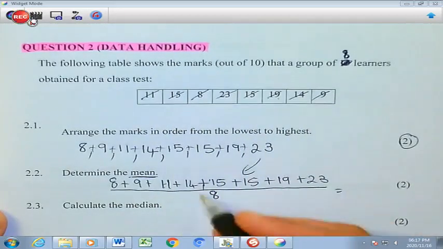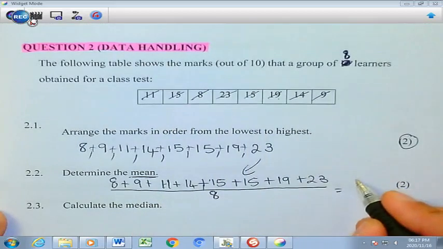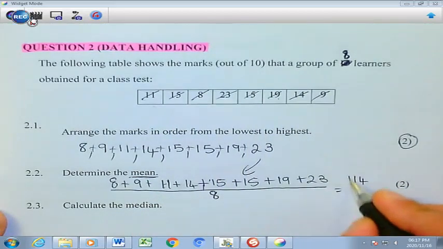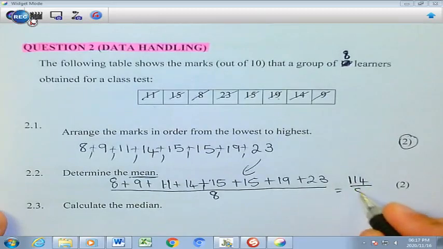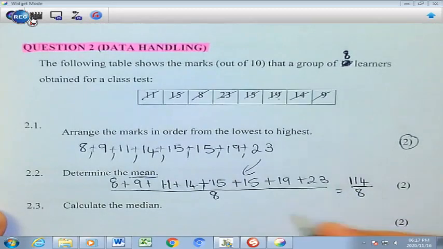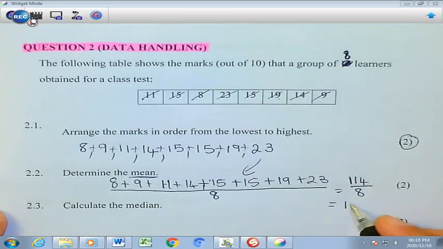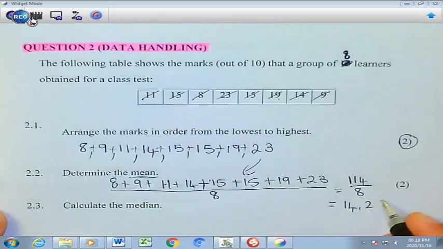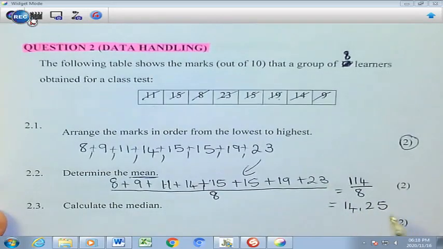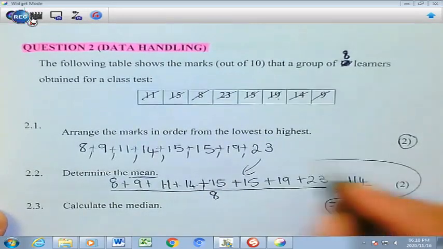Eventually you are going to add that and it will give you 114 divided by 8, which gives you 14,25, and that is your mean there.